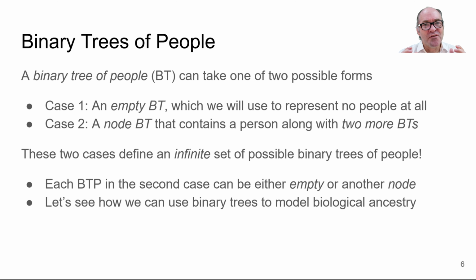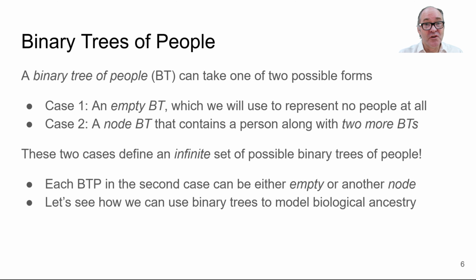Okay? How is it that this definition, which contains just these two very simple cases, defines an infinite set of binary trees? Well, it's that circularity in the definition where we define what it means to be a binary tree of people in terms of binary trees of people. Look at the second case. Okay, so we can model nobody at all as an empty binary tree.